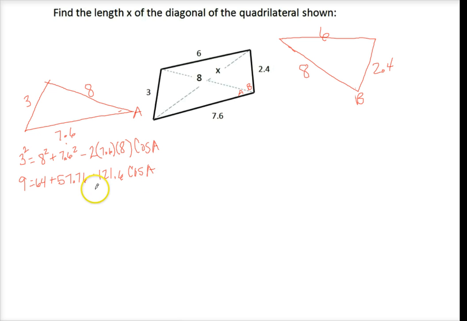Now we're going to work on solving. Let's put our like terms together. Here we have 64 plus 57.76, which gives me 9 equals 121.76 minus 121.6 cosine A. We want to get cosine A by itself, so the first thing we have to do is subtract the 121.76 from both sides.